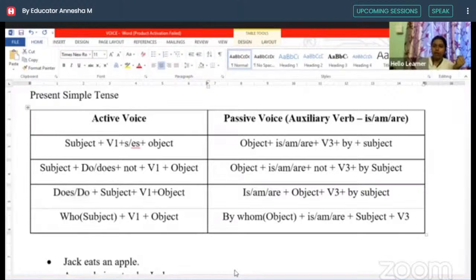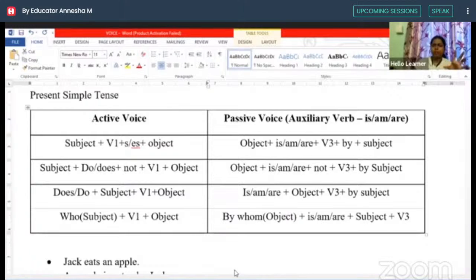You cannot say when is you eat your breakfast, or when are you eat your breakfast. So when we make it passive: when is your breakfast eaten by you? Is here is agreeing with breakfast, not with you.